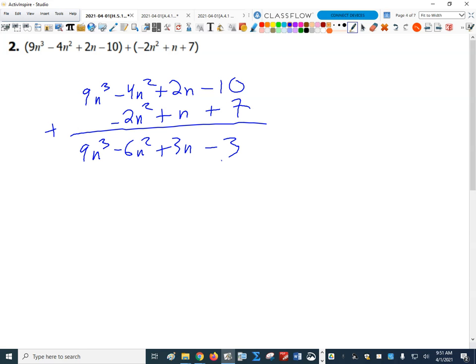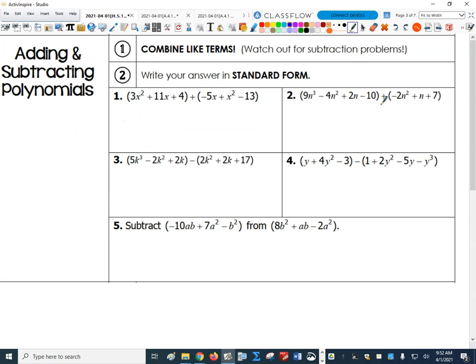Okay? Same kind of thing for subtracting. When we subtract polynomials, there are different ways you could do this, but I strongly recommend you distribute the negative sign and add. So for example, let's do this guy right here, number 4.